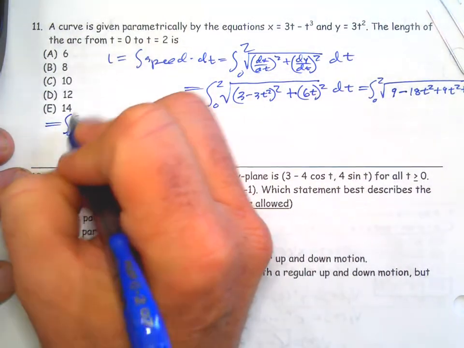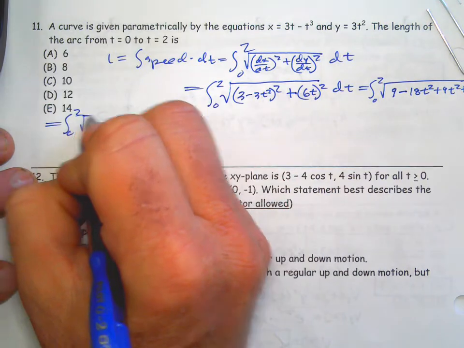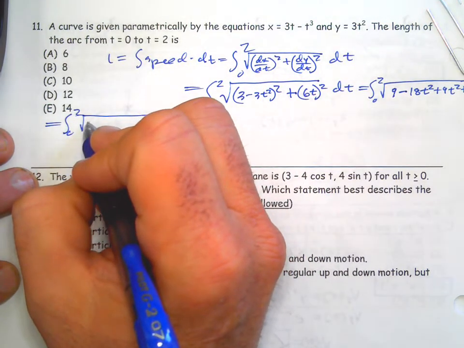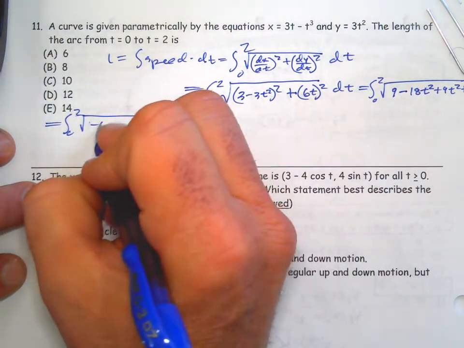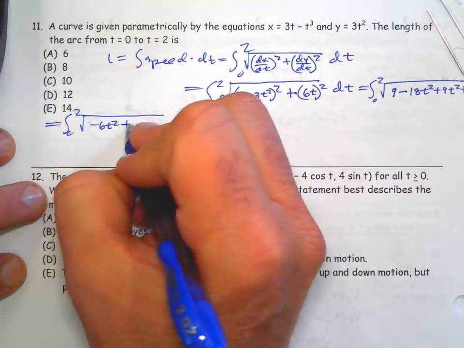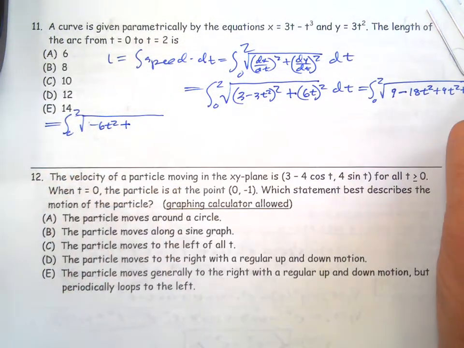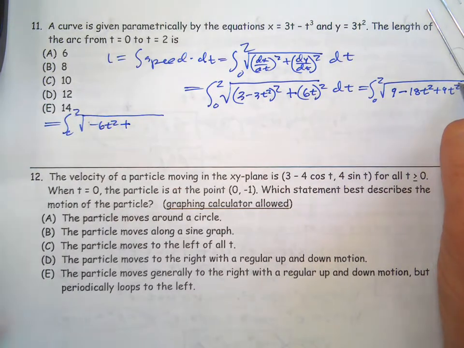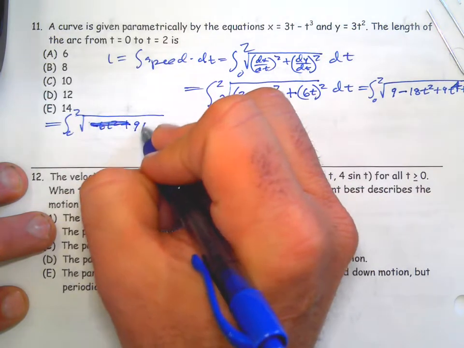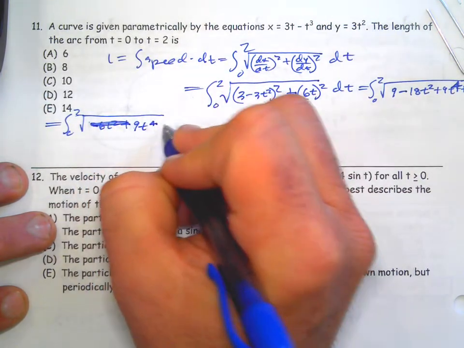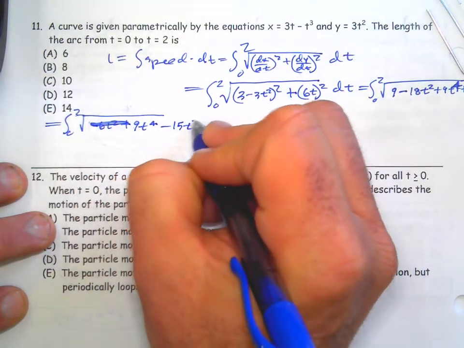And so what's that going to be? That's going to be negative 9, negative 6t squared plus, well, hold on. This should be 9t to the fourth. So it's going to be 9t to the fourth minus 15t squared plus 9.